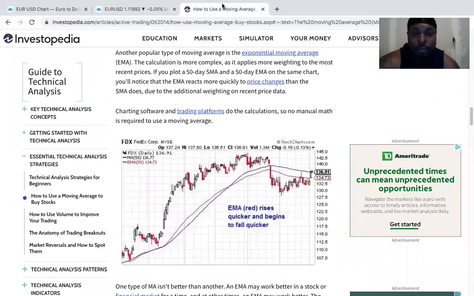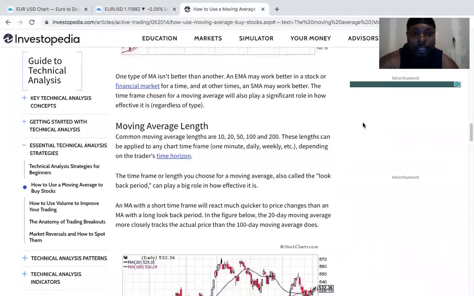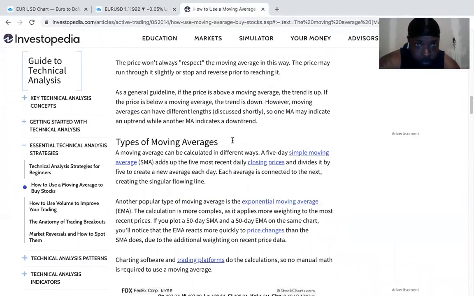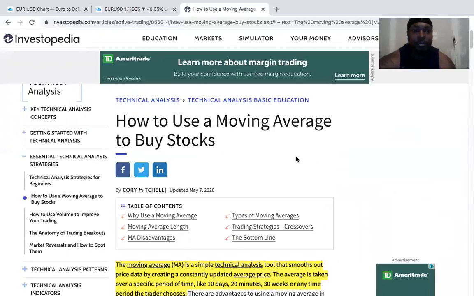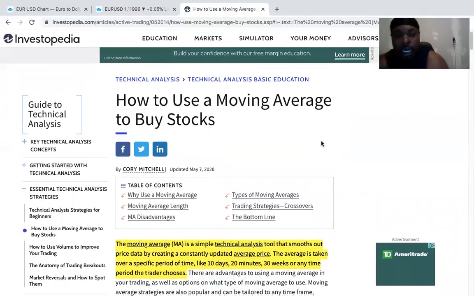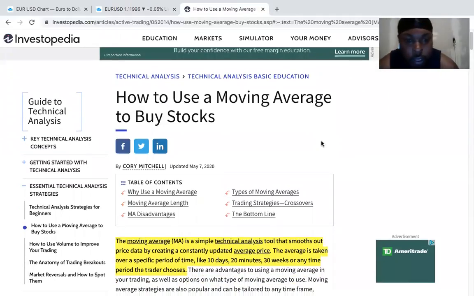But first, let's briefly talk about what is a moving average. One moment here. I'm just going to Investopedia. So the moving average is simply a technical analysis tool. When we speak of technical analysis, we're talking about the charts, how the charts are moving, the technical aspect of trading.